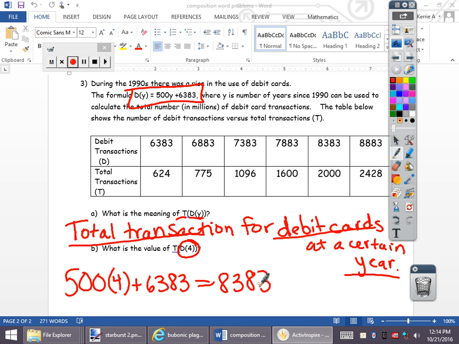So my D becomes 8383. What is T going to be? The final answer for this is 2000. There's no second formula to plug into. Instead, there's a chart. I made a typo and realized that the number I chose put it off the chart.